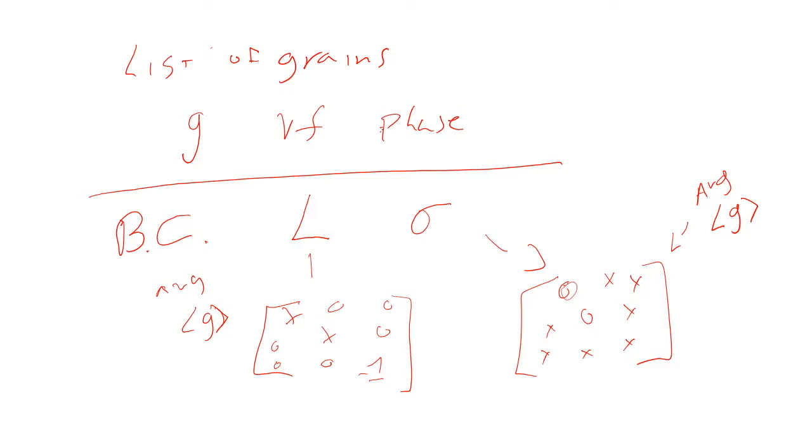Okay, so that's the boundary conditions. So the next thing we need is a constitutive model. Right, and for our crystal plasticity, we basically say our kinematics are, we start with the assumption that our deformation gradient can be decomposed as an elastic part and a plastic part.